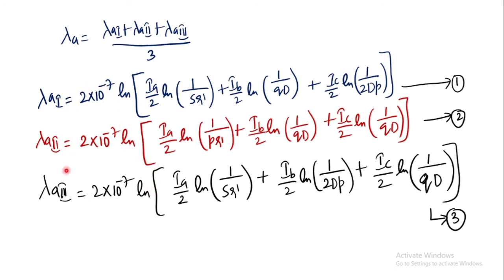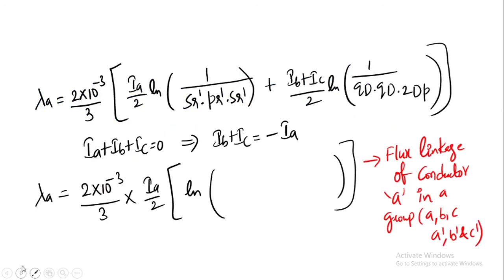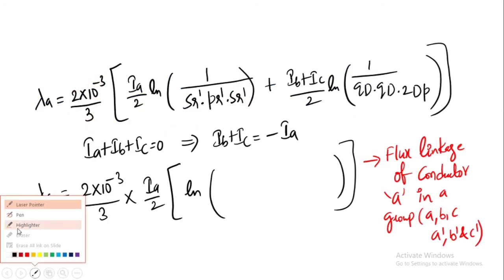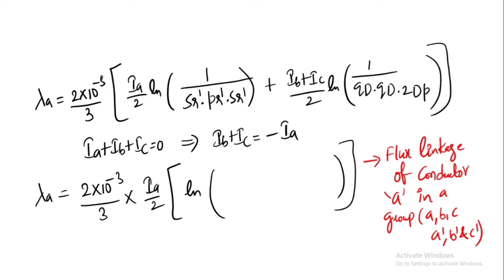See, for all the terms, what is common? 2 into 10 power minus 7 is common. Here what we need to do is add lambda A1 plus lambda A2 plus lambda A3. Is it right? So for all the terms, 2 into 10 power minus 7 is common. So that is the reason why I have written 2, sorry, here I made a mistake. Let me change this.